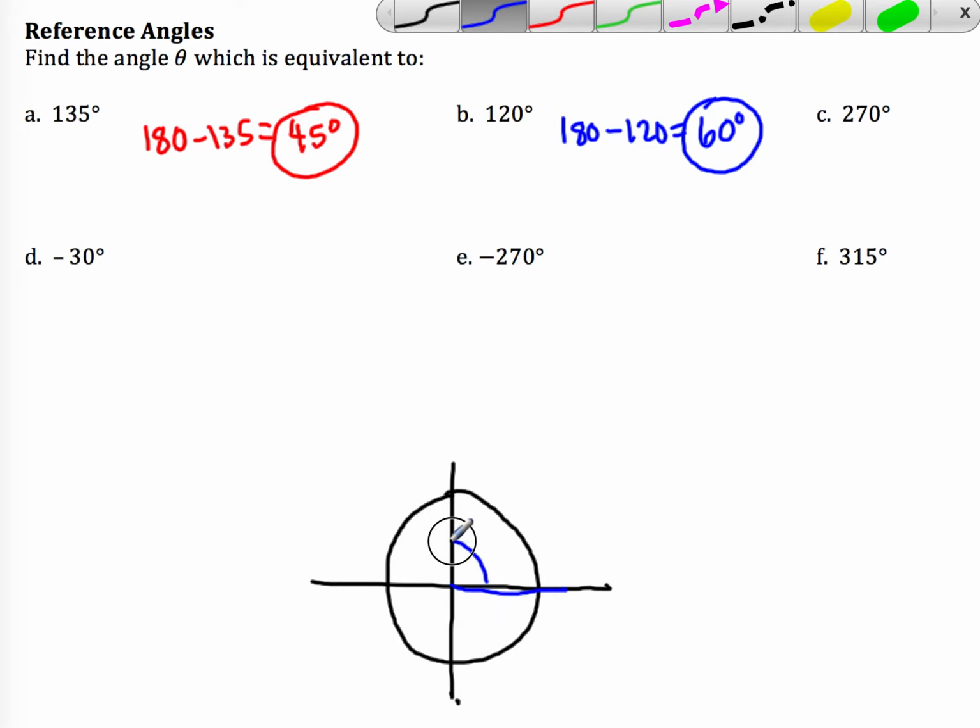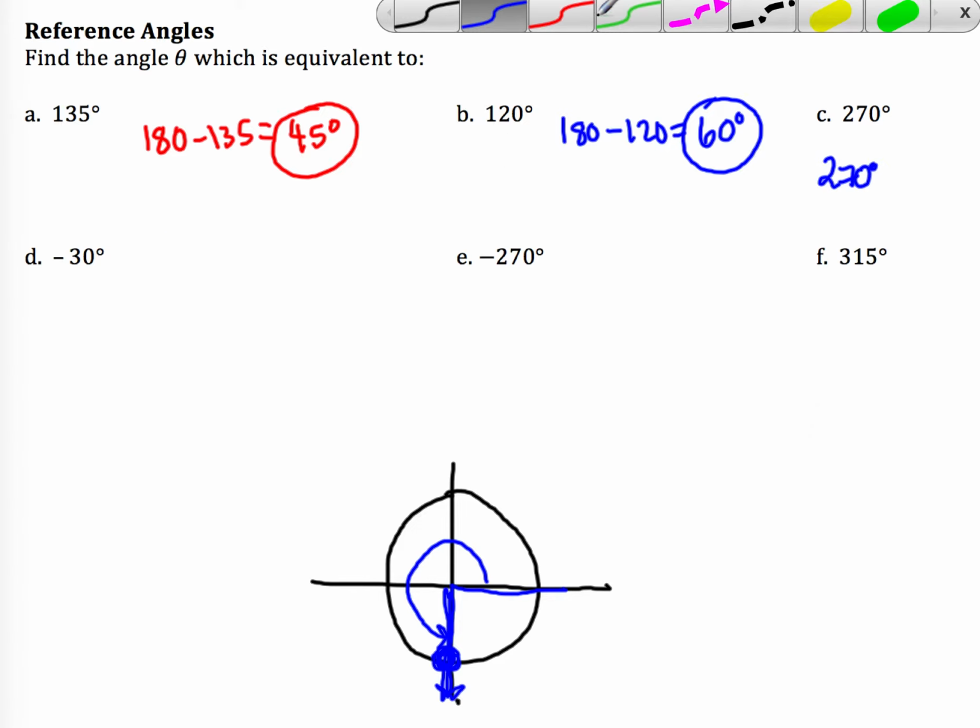Here is 90, 180, 270 lands right here. We could just look at 270 as the angle. You could think about it as a reference angle of 90, but 270 is going to fall on this coordinate point, so we're just going to look at 270. I think that'll be good there.